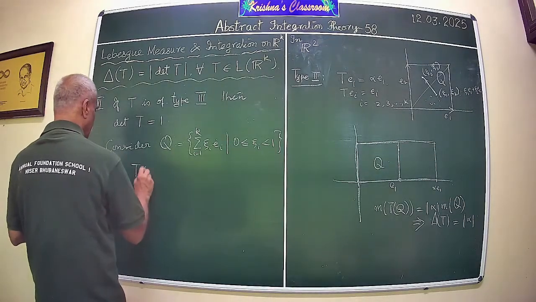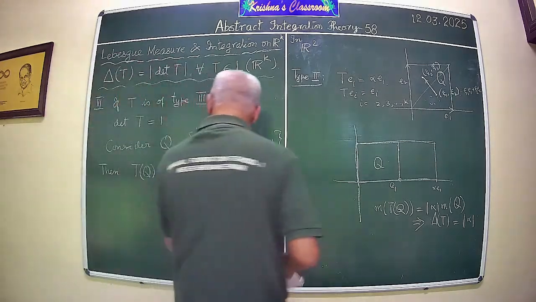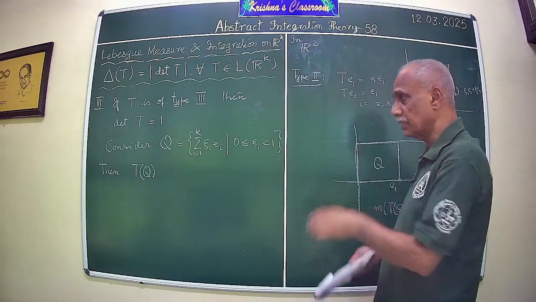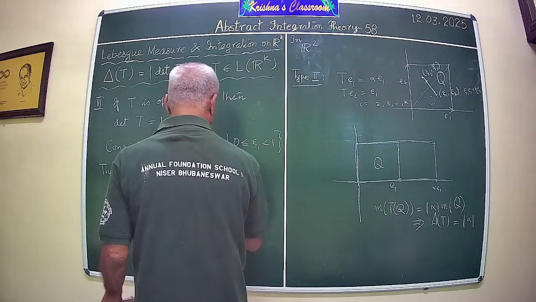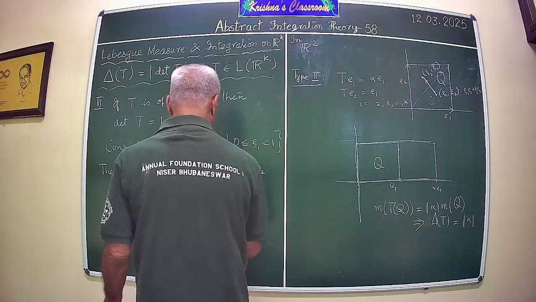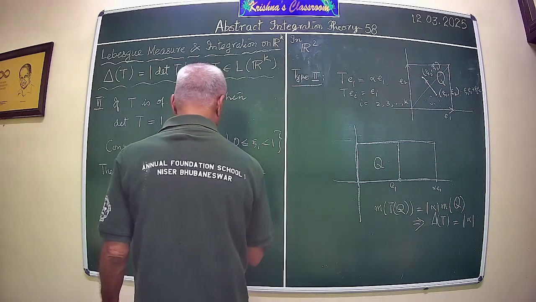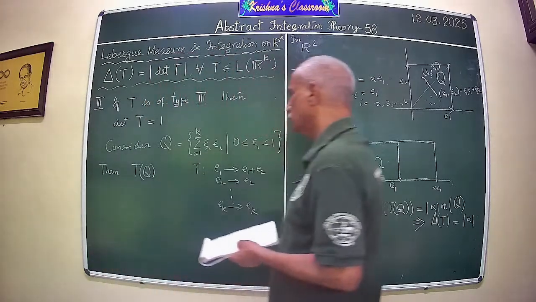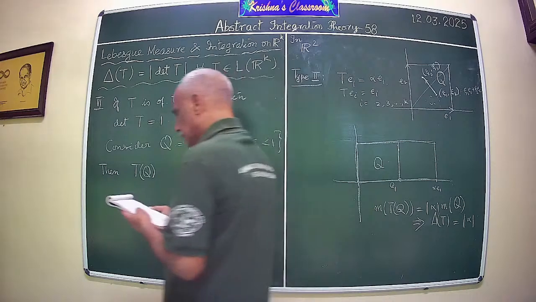What happens to TQ? TQ is E1 to E2, E1 to E1 plus E2. This is your T transformation.